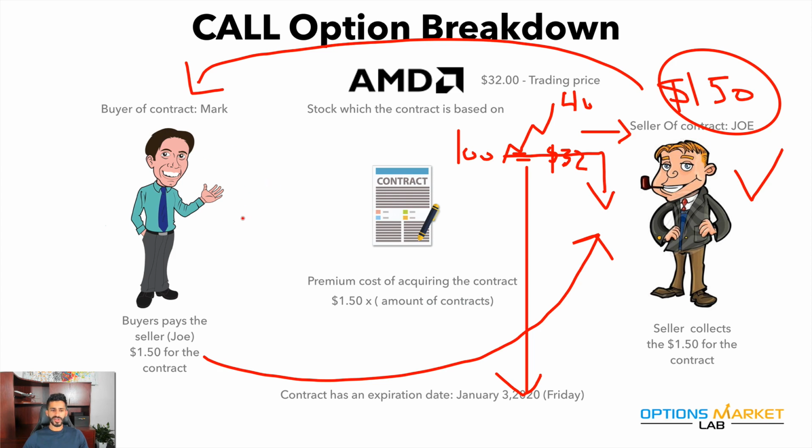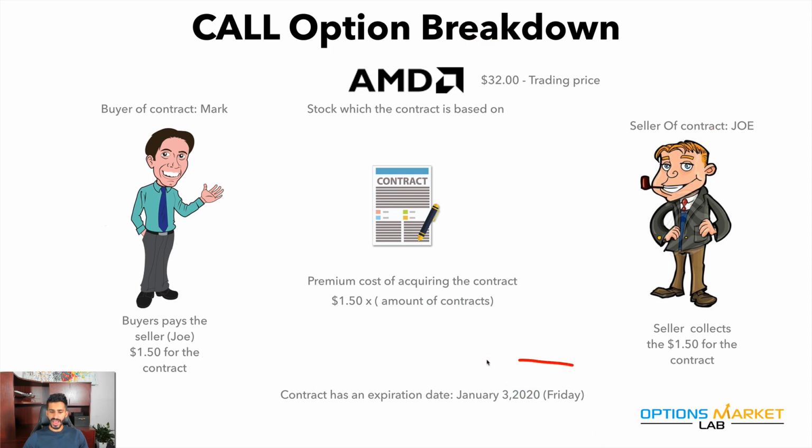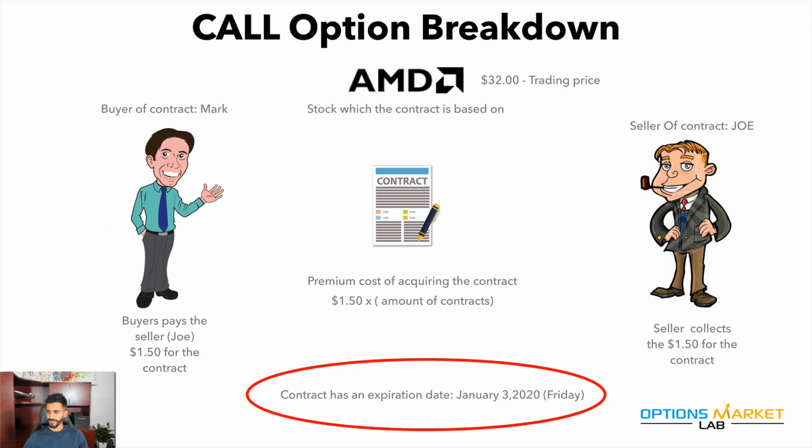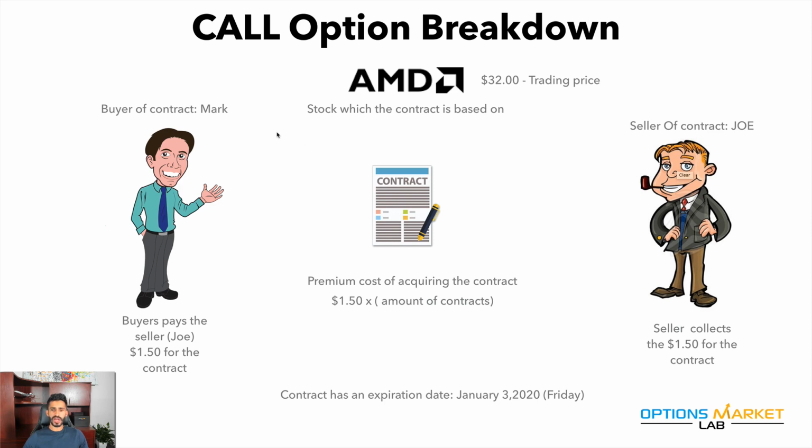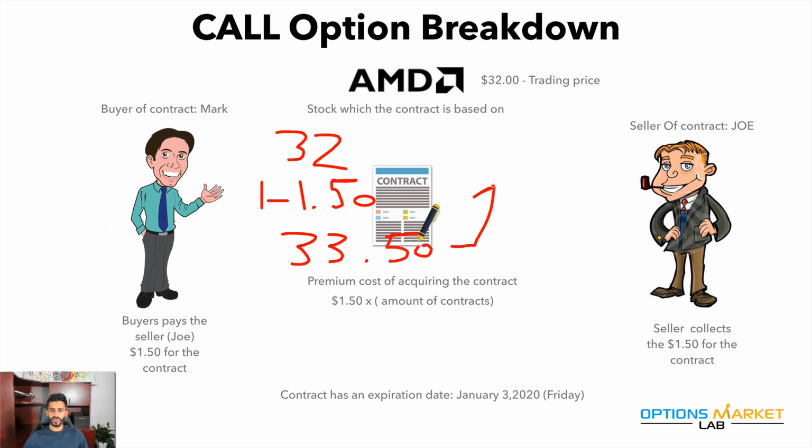Mark's goal right now is to anticipate, or hopefully AMD goes above 32 bucks, and he has until this time frame. So Mark's cost on the contract is $32 per share plus $1.50 per share. So for Mark to make money, the stock has to go above 33.5, which is known as the break-even price, and I'll break that down in one of the upcoming videos.